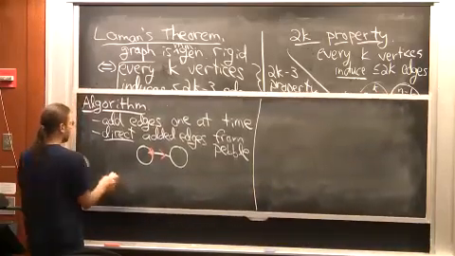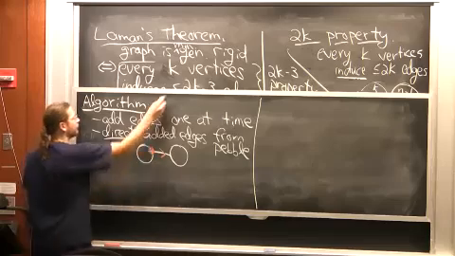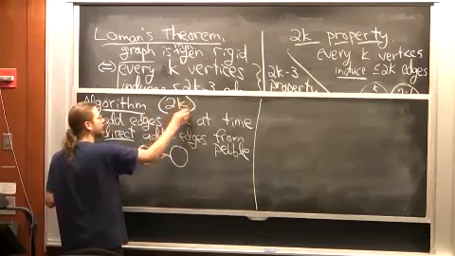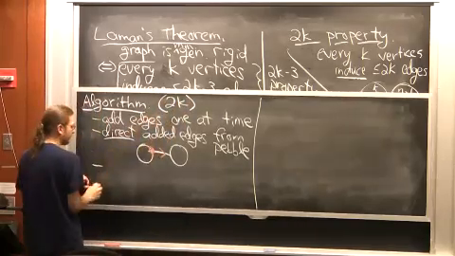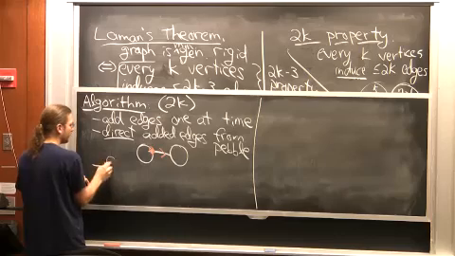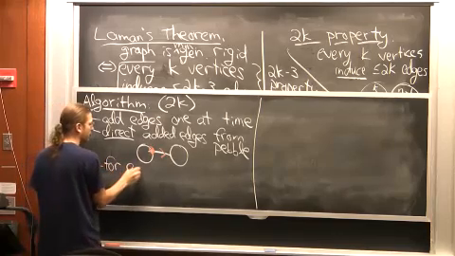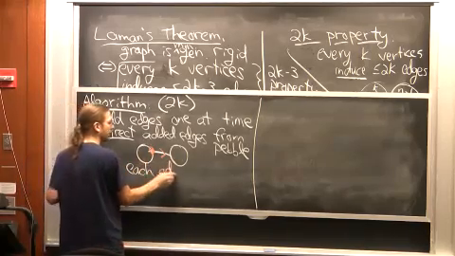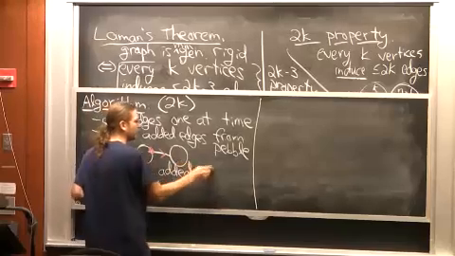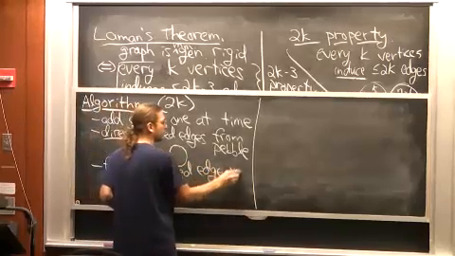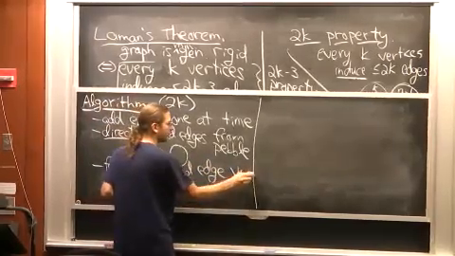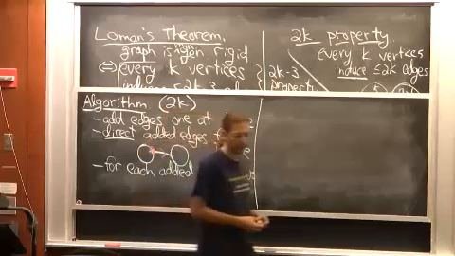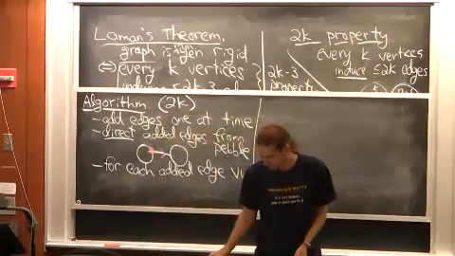That's just for convenience for expressing the algorithm in a moment. Okay, so this is for the 2K property. We'll get to an algorithm for 2K minus 3 in a little bit. So now we have a for loop over the edges we're going to add.